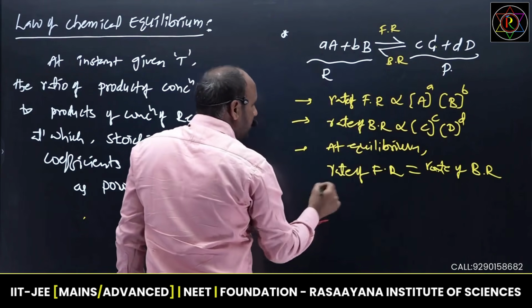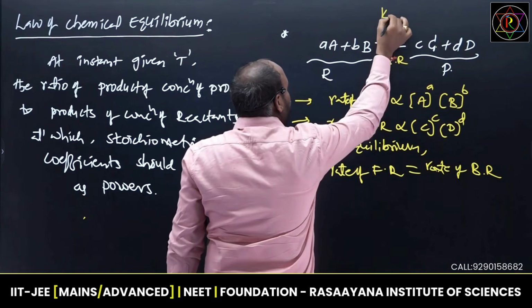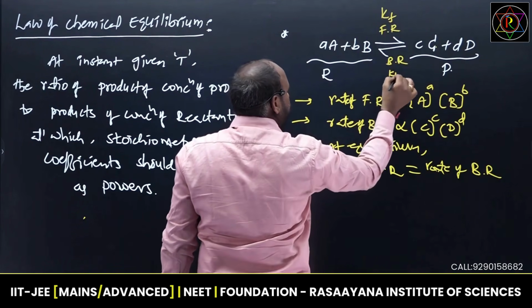The rate constant for the forward reaction is Kf, for the backward reaction is Kb.